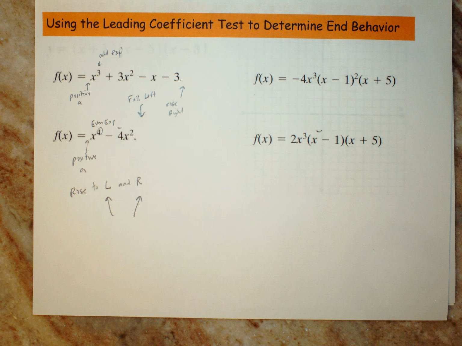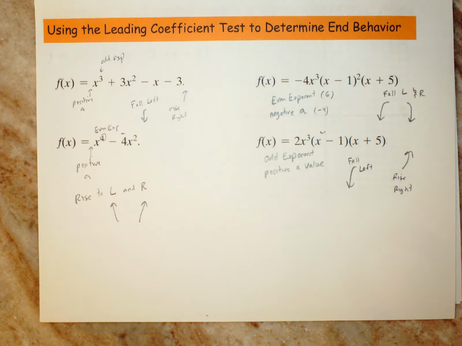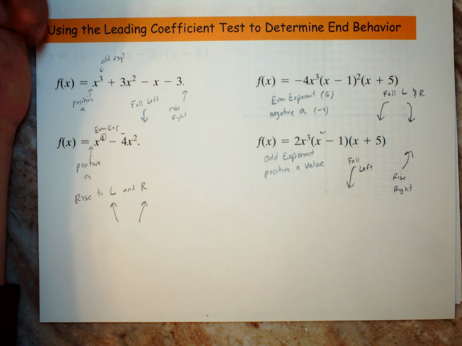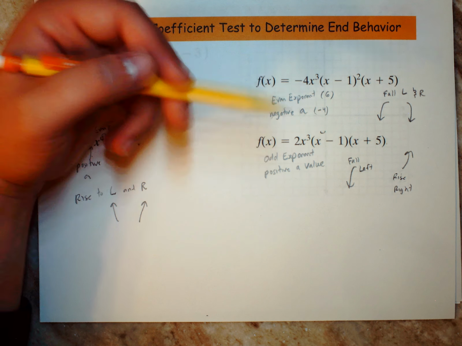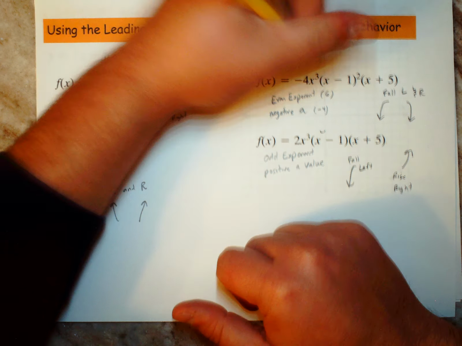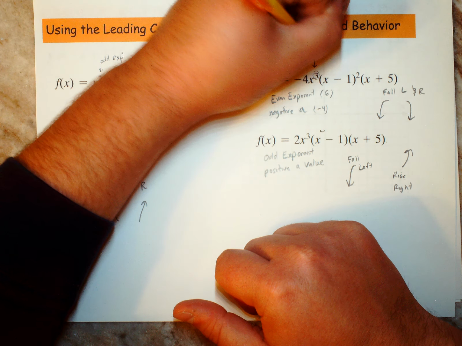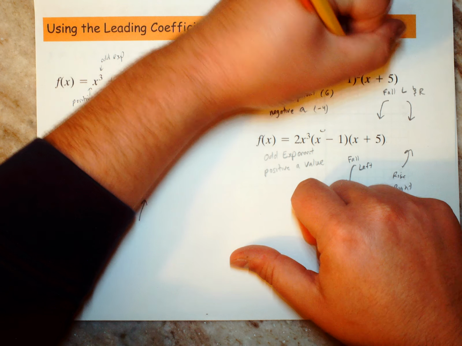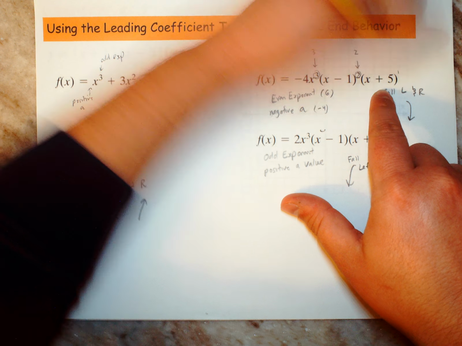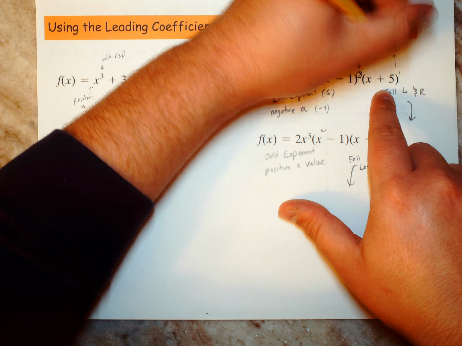Why don't you guys pause the video and try to do the ones on the right. All right, so these two on the right were a little tougher, only because they give it to you factored. So you have to think to yourself, what is the exponent going to be? What's going to be the degree? Here we have a degree 3, here a degree 2, and here a degree 1.